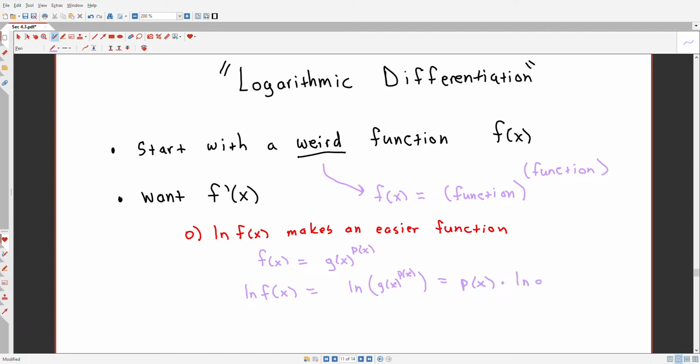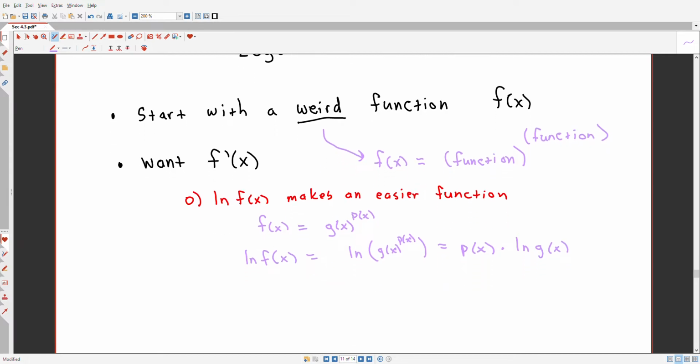And now I can take a derivative of this new function, right? So this question says, here's a weird function f of x. Compute f prime of x. And the first step to take is actually to say, no, I'm not going to take a derivative of f of x.